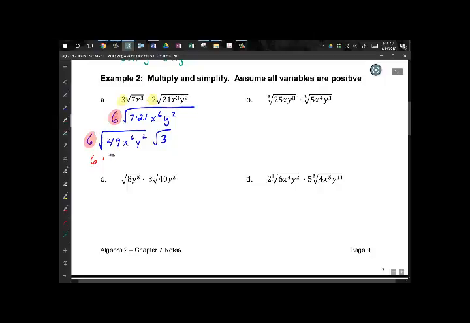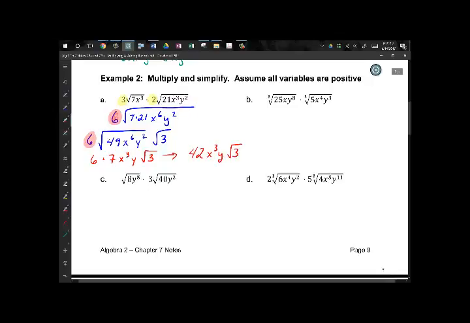The square root of 49 is 7. Cut x to the 6th in half, x cubed. Cut y squared in half, y, with square root of 3 at the back. We're going to want to multiply the 6 times the 7, so my answer would be 42 x cubed y times the square root of 3.